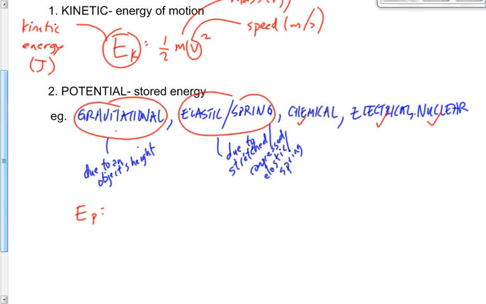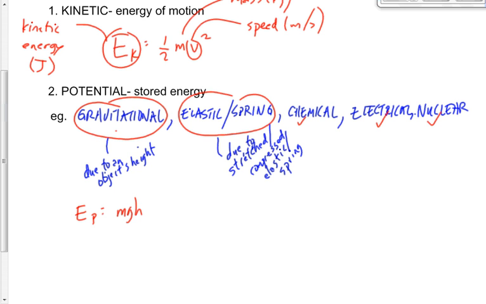This one's easier than kinetic energy. No squared involved in this one. Al, you remember that equation, don't you? Okay. Yeah, good. MGH. EP is equal to MGH.